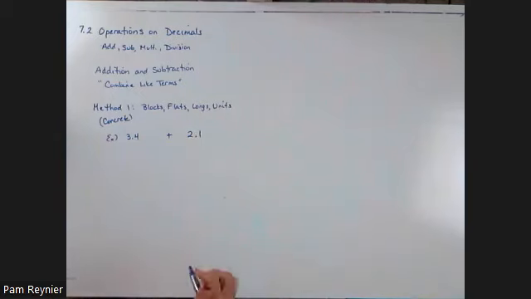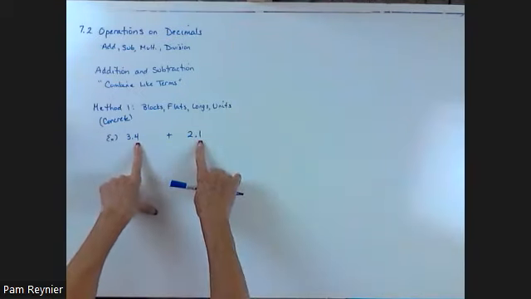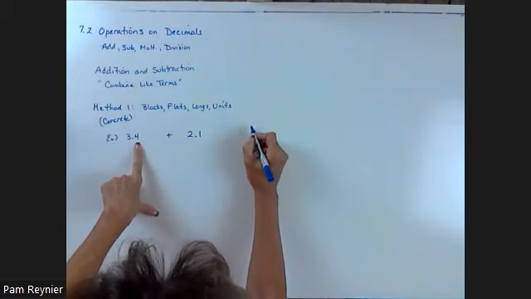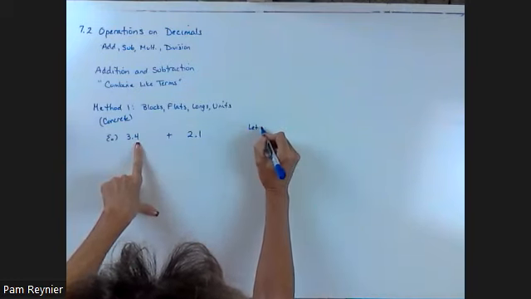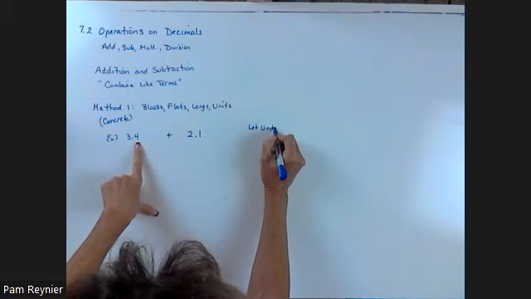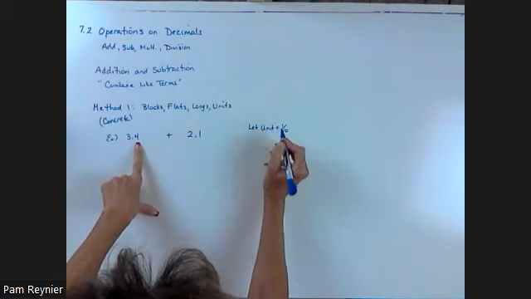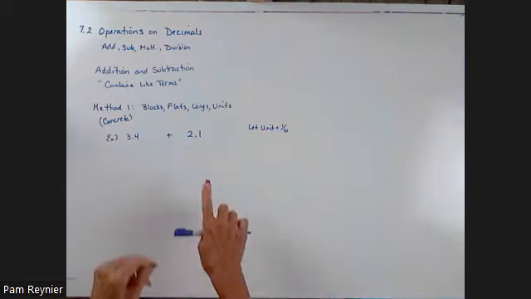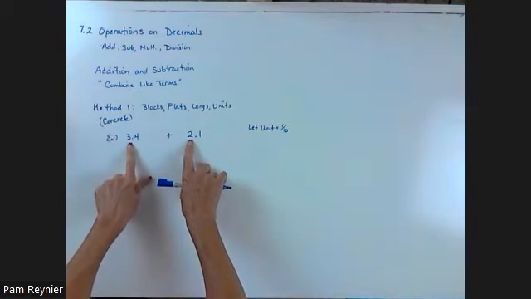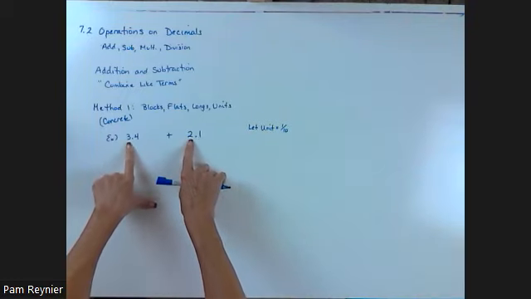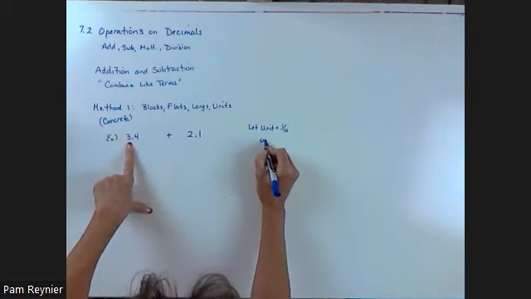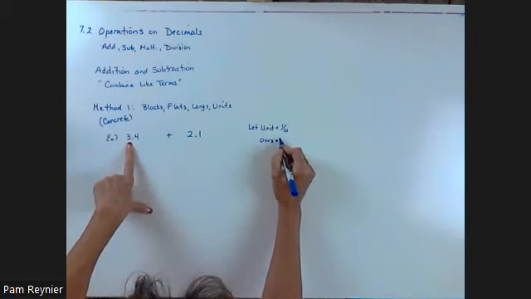Before we get started, since they're both going to the tenths as the smallest unit of measure, we're going to declare that the smallest unit has a value of 1/10. And then from there, we just keep assigning the units, longs, flats, and blocks by however many place values.